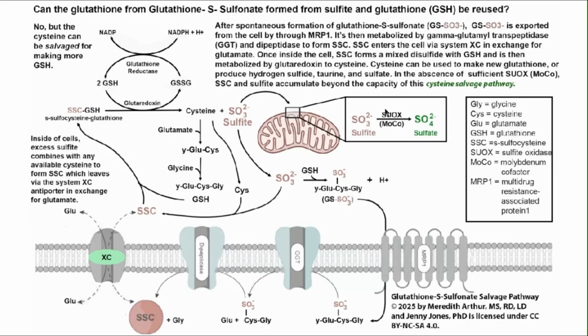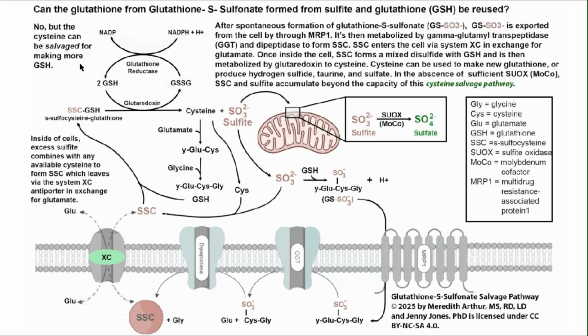The problem that happens is when you don't have sulfite oxidase, you don't have that endgame enzyme, you can't finish this process and make sulfate. And so then the sulfite continues to accumulate until you do not have enough glutathione to use S-sulfocysteine anymore. And on top of that, sulfite can inhibit glutathione reductase, and so that prevents you from recycling glutathione.